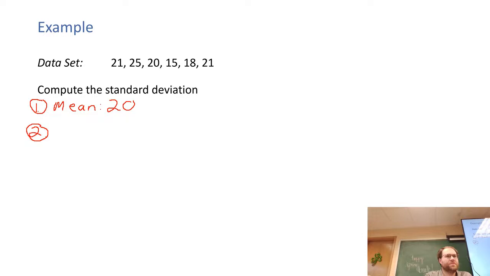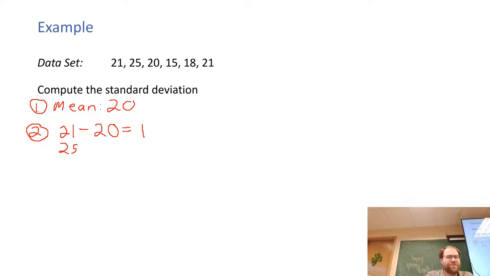Square all of the deviations. Yep, so we're going to have to find all of the deviations. So the first value is 21 in that list, right? So we'll take that minus whatever the mean is. And that gives us what value? 1.